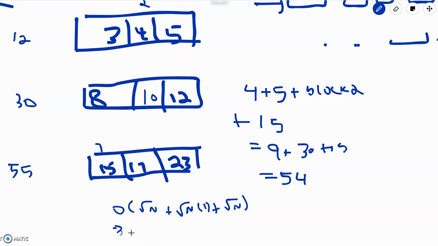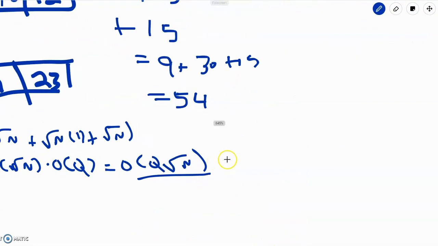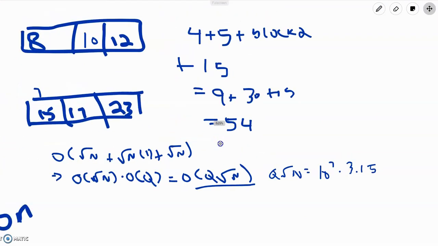So this is equal to O of root n for a single query. And we have Q queries. So it's equal to O of Q root n. And this is simple enough to pass because if they're both 10 to the 5th, then Q times root n is equal to 10 to the 7 times about 3.15 or something.